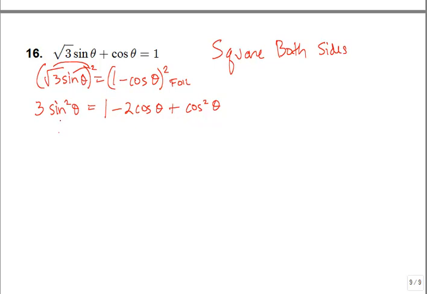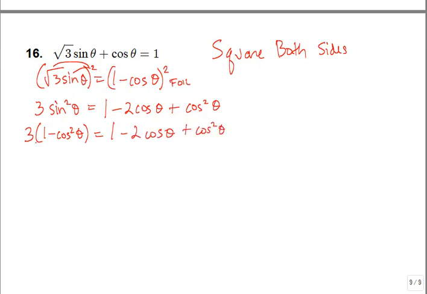On the left we just have the one sine squared. So your strategy at this point is to use the Pythagorean identity that's going to take this sine squared and turn it into a cosine squared so that we have one consistent trig function throughout this whole equation. So I'm going to replace this sine squared with 1 minus cosine squared theta. That's just that Pythagorean identity that we know.